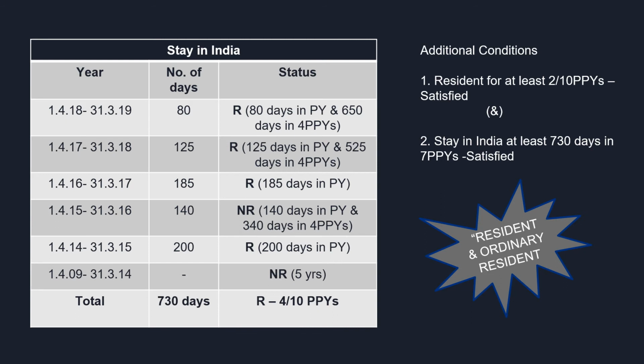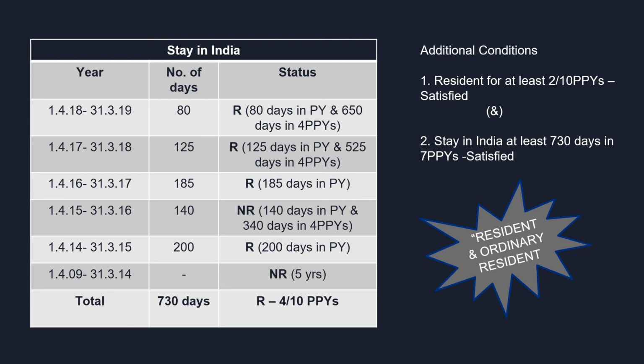60 days in the previous year and 365 days in the 4 years preceding the previous year. If you check that condition, we find that he has stayed 80 days in the previous year and 650 days in the 4 years preceding the previous year. That is, the 4 years preceding the previous year range from 2017-18, 2016-17, 2015-16 and 2014-15.